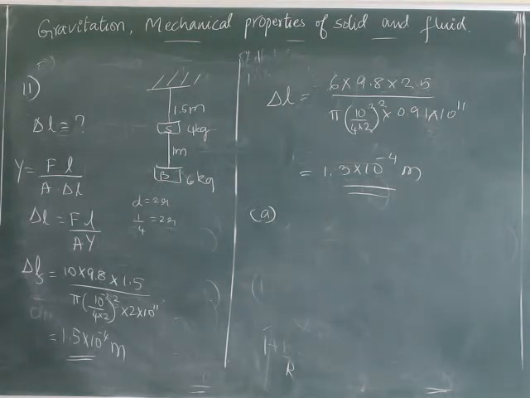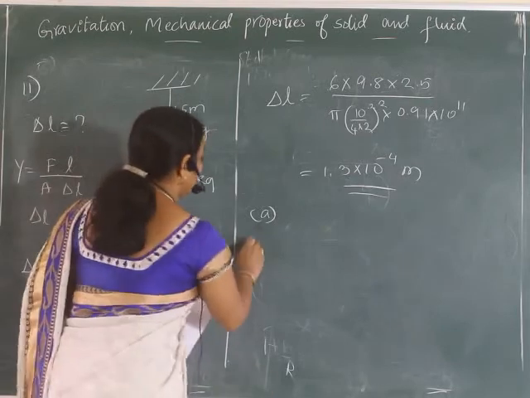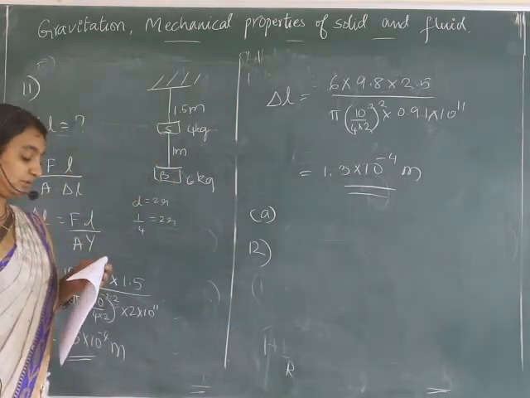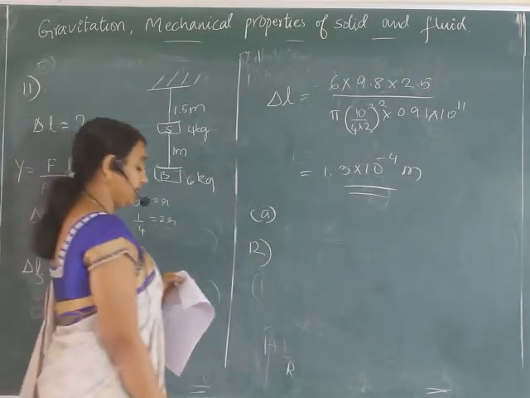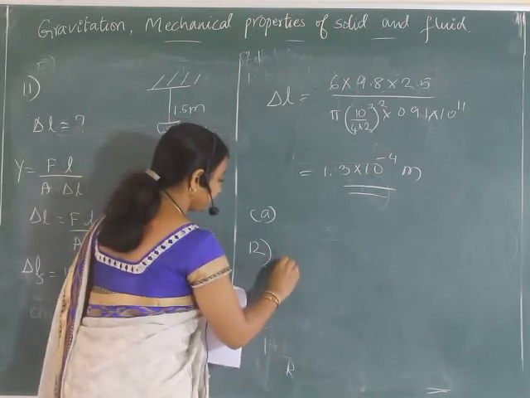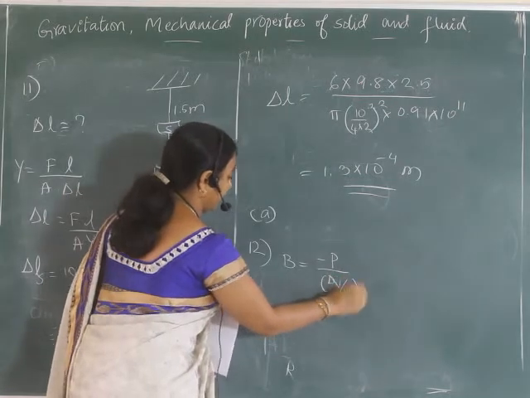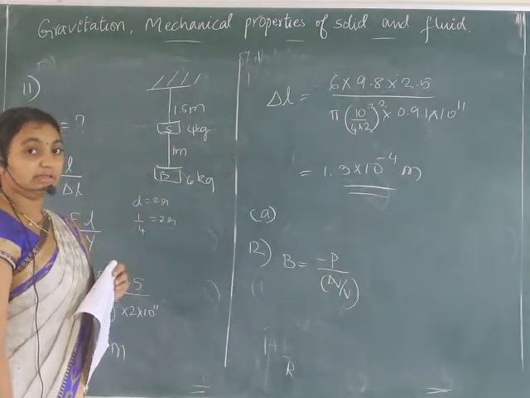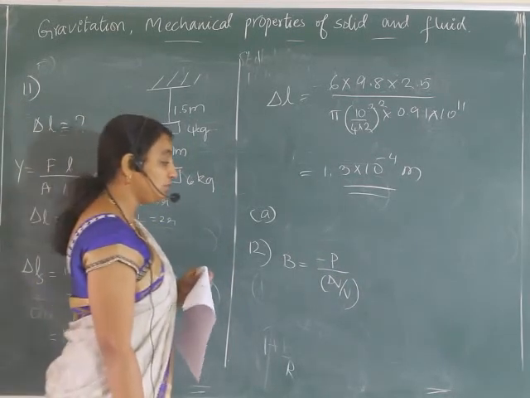Okay. Then the next problem we will move to is about the bulk modulus. Bulk modulus of an incompressible fluid is? What is the bulk modulus for an incompressible fluid? Formula for the bulk modulus is minus P by delta V by V. Correct? If it is an incompressible fluid, the volume will not change. Delta V should be equal to 0.